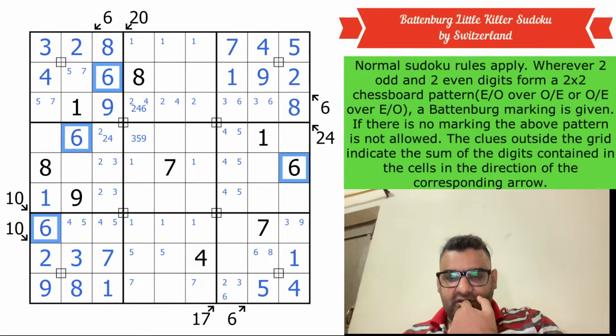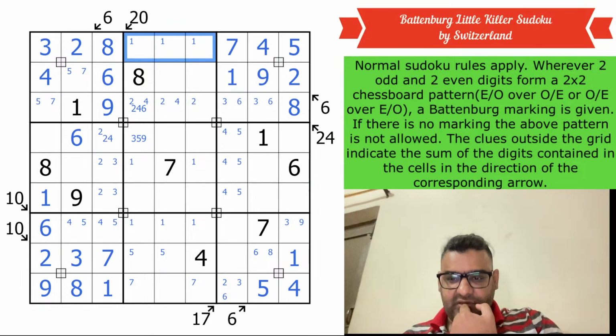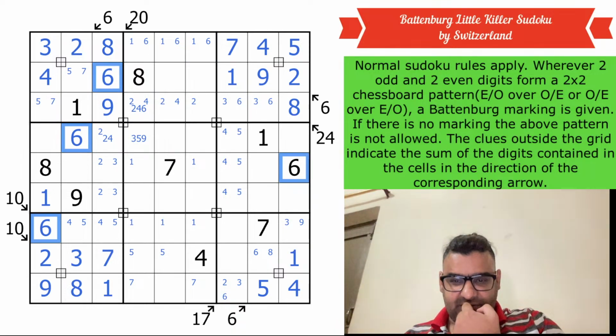Okay, if we check this one, 6 cannot be here, 6 cannot be here. So these three can have a 6. And if we again check 6, 6 is revealed there. 6 we know is one of these two areas.